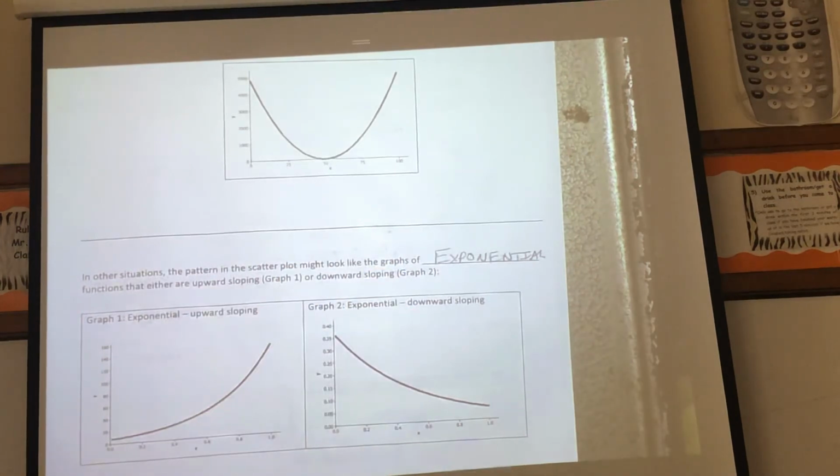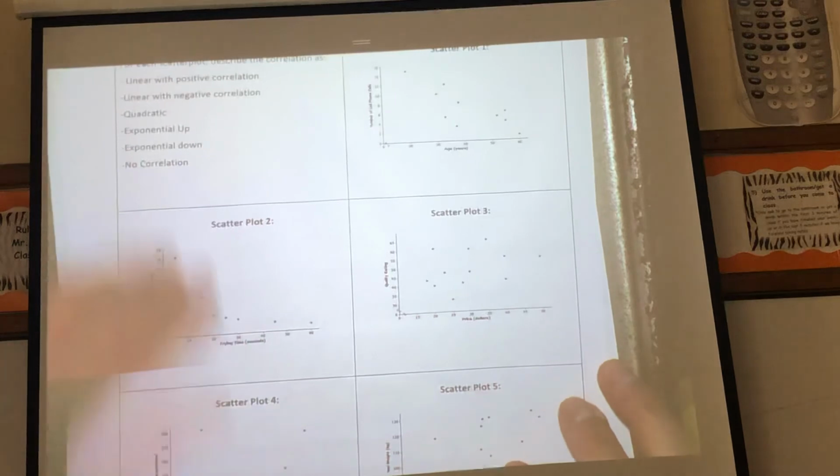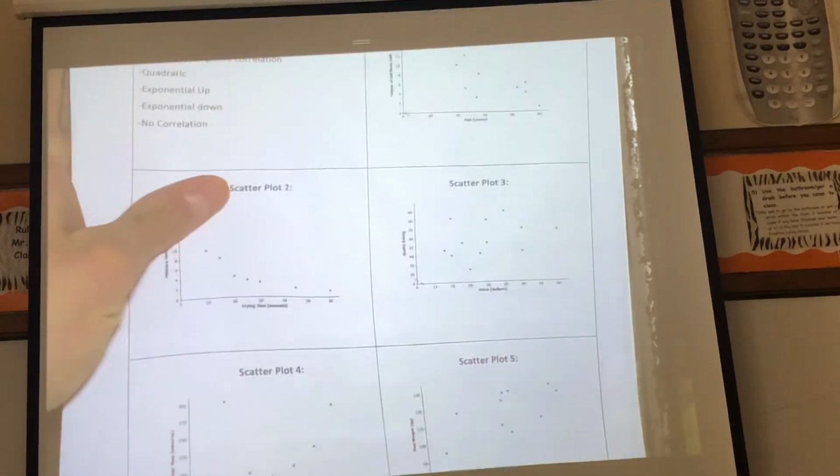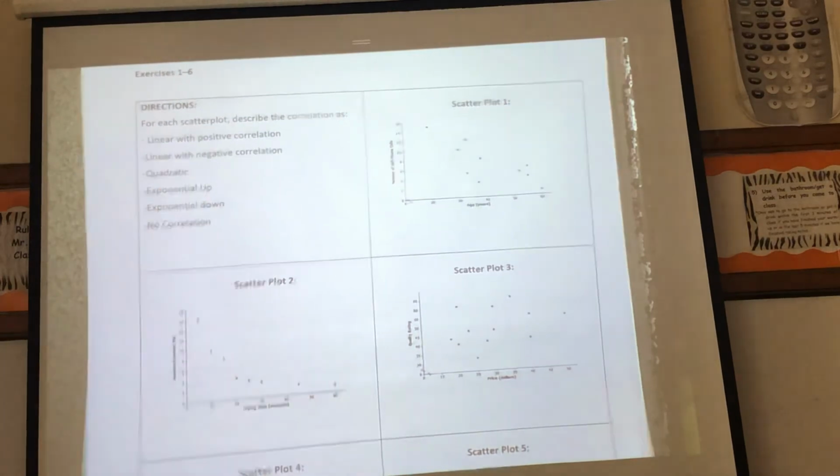Please take a look at the next page. What you will be doing for your homework is identifying these 5 scatter plots and the type that goes along with them. Thank you.